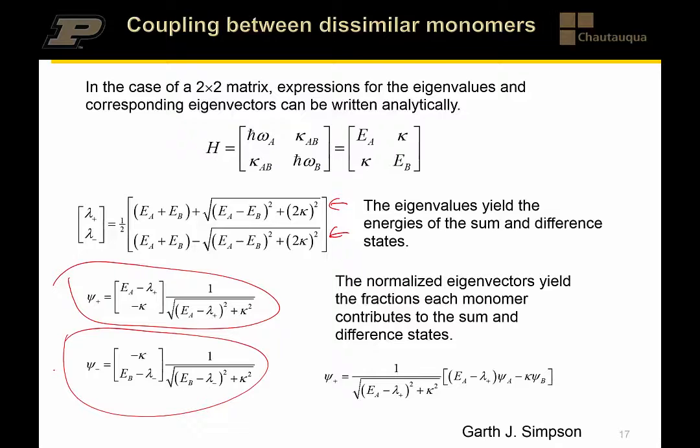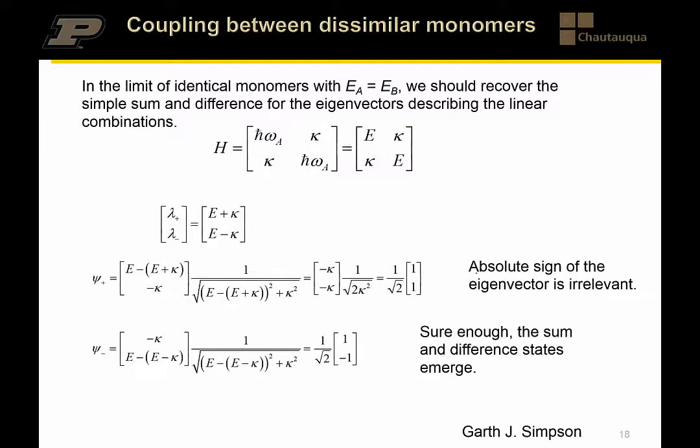If we normalize it, this is the normalization constant right here, then the wave function is given by psi A and psi B with different weightings. So there's a natural relative weighting between A and B in the wave function for the sum state and for the difference state. And that just drops naturally out of diagonalization of the Hamiltonian.